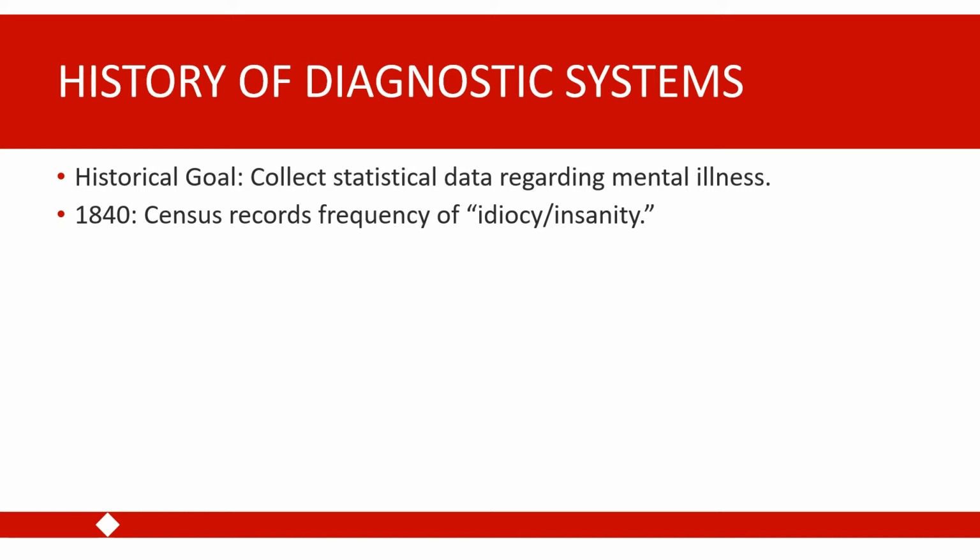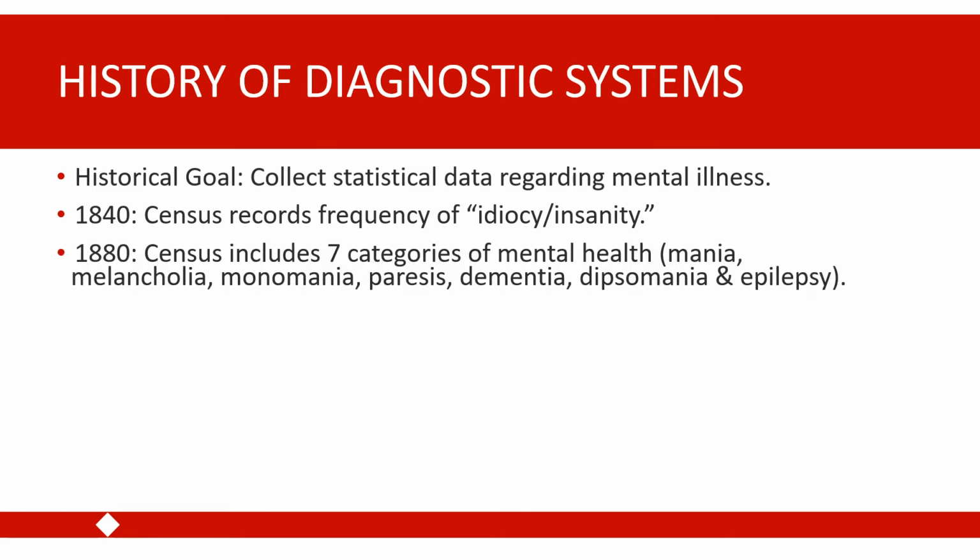So in the history of these diagnostic systems, it's important to note that historically groups that have been in power have used their definitions of wellness and of disorder to wield and to shape structural power, particularly in this case we're talking about in the United States.